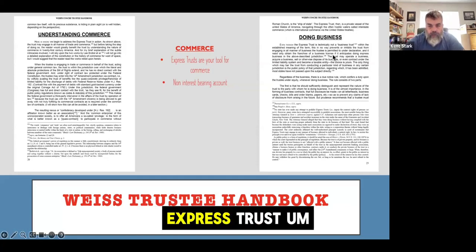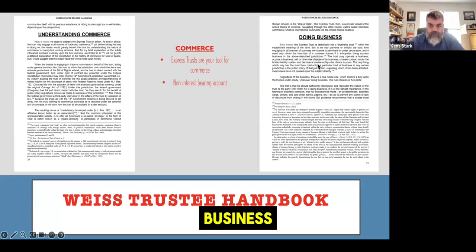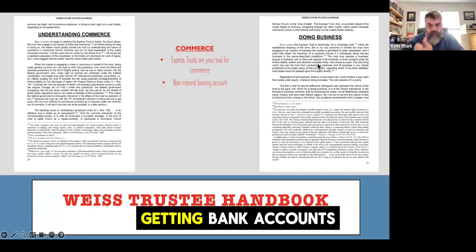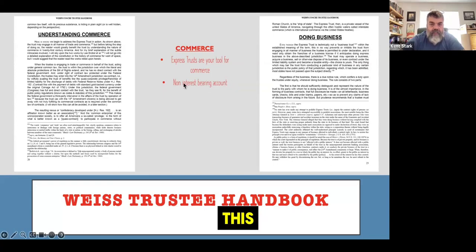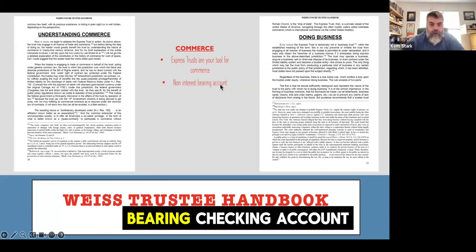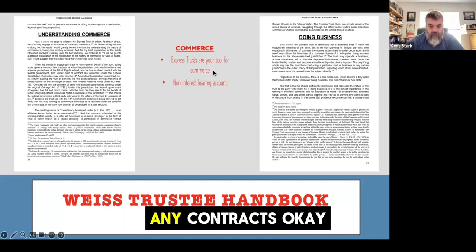In an express trust, that's what's considered commerce, is doing business, like I said, getting bank accounts and so on. Here it says specifically that if you get a non-interest bearing checking account, you will not have to sign any contracts.